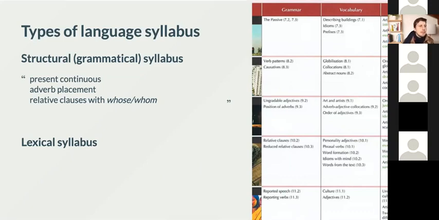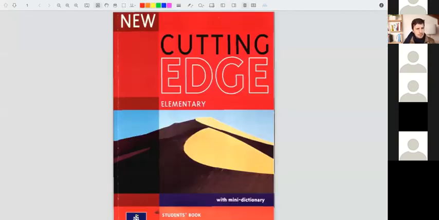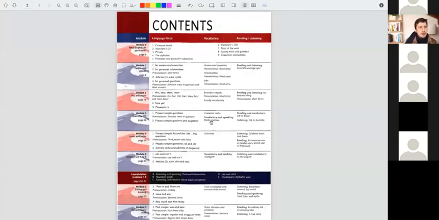So if you look at many different English textbooks, for example, here you have an example. You know that in all textbooks, things like Cutting Edge. Let me show you Cutting Edge here. So this is Cutting Edge. You can see it, right? This is a textbook. If you look at the first pages, you see the table of contents.